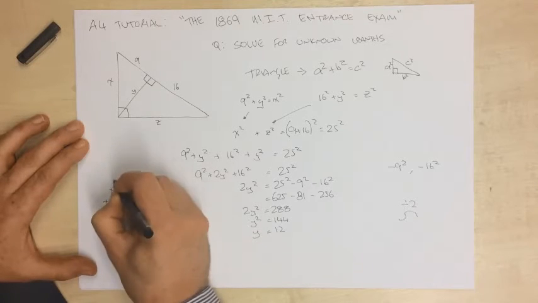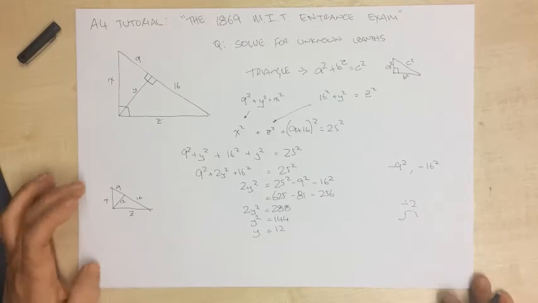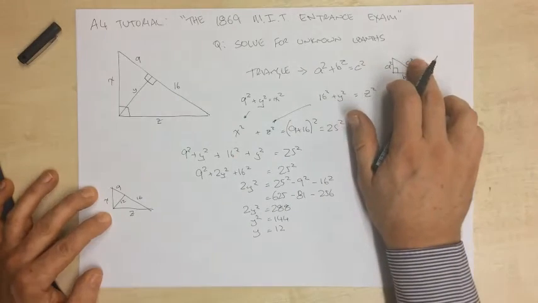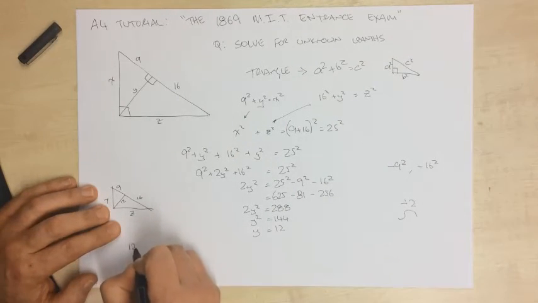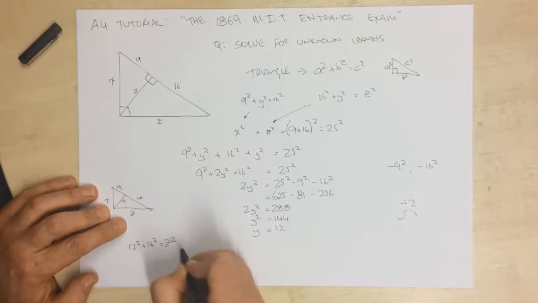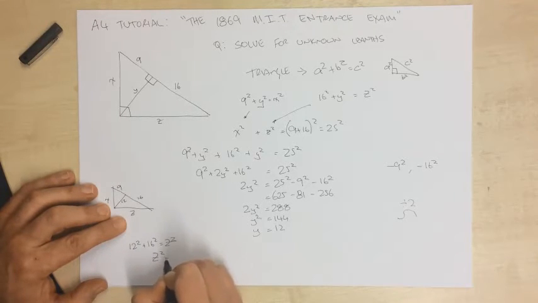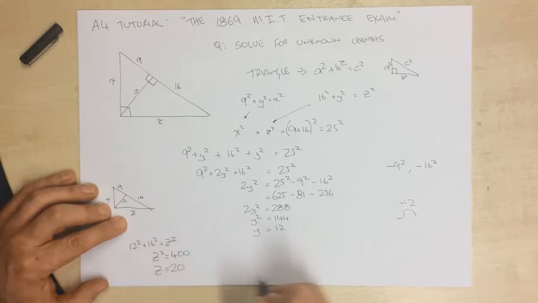From this bit of information, we can now simply again reapply this here and solve. We know that 12 squared plus 16 squared equals z squared. So z squared equals 400, so therefore z equals 20.